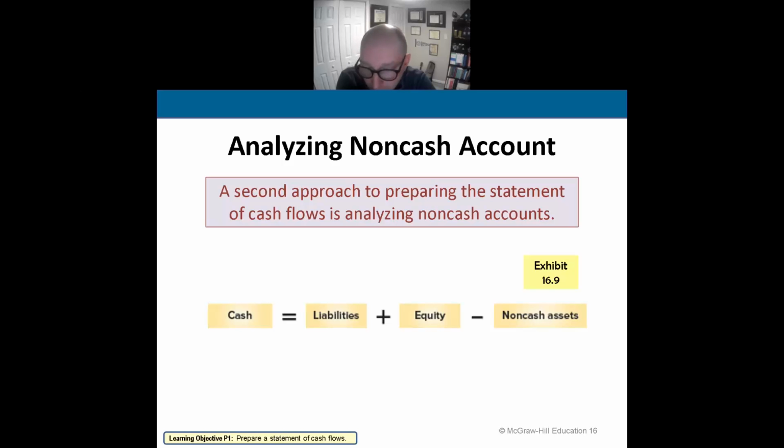Non-cash assets are your long-term assets or non-current assets called property, plant, and equipment, etc., and of course, any accounts, inventory, accounts receivable, etc. That'll give you your cash balance.